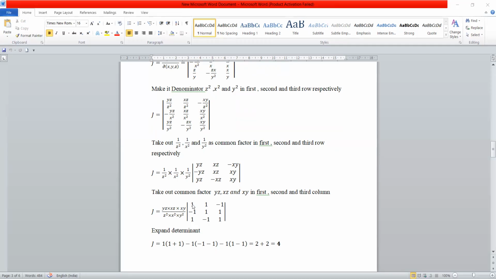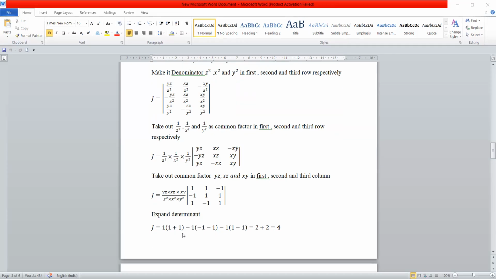Now we are just left with the determinant 1, 1, minus 1; minus 1, 1, 1; 1, minus 1, 1. Expand the determinant. So plus, minus, plus determinant. So 1 into, leave this column and row, 1 into 1, 1, minus into minus plus, so plus 1. The middle term is minus always.